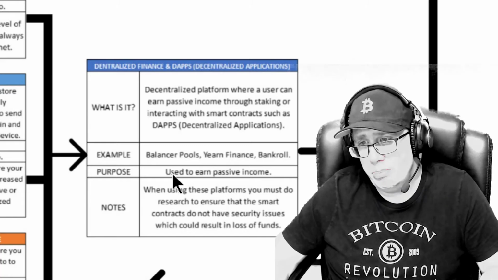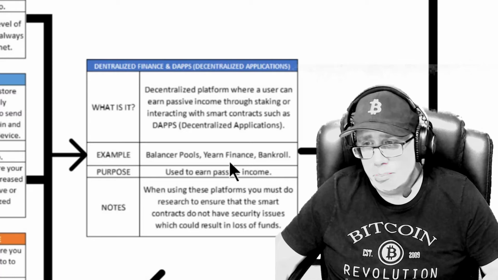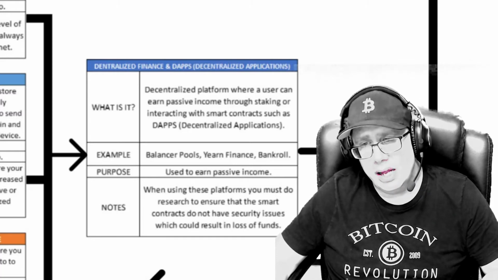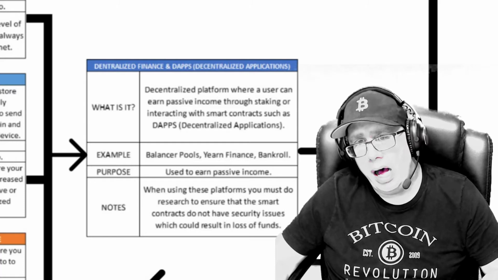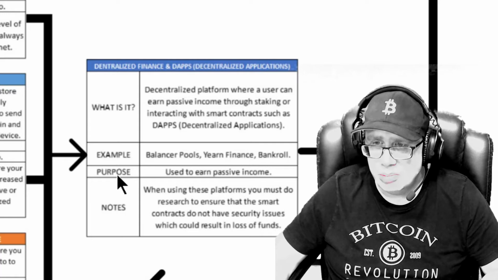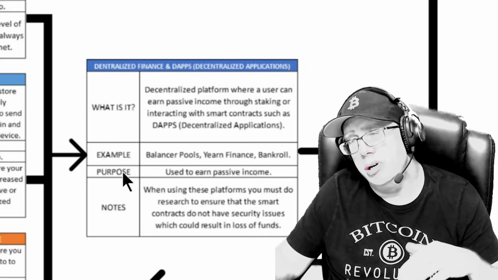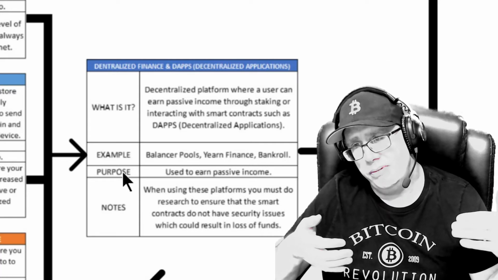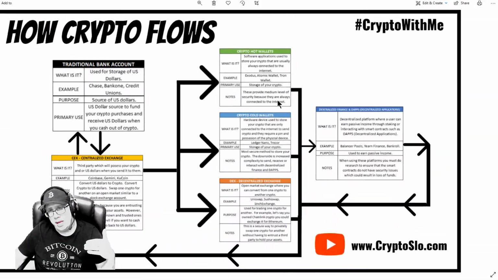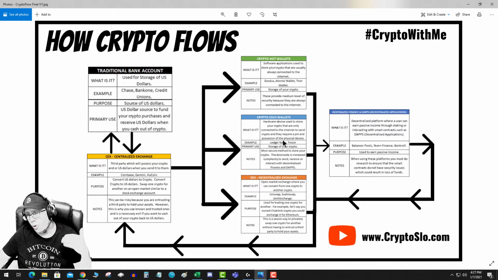Examples of this would be Bouncer Pools, Herein Finance, Bankroll. So typically a lot of times your crypto hot wallets or cold wallets are interacting with these decentralized platforms, and then you earn passive income, which flows back into, as you can see, the crypto wallets.